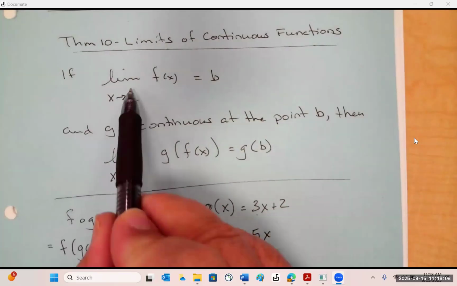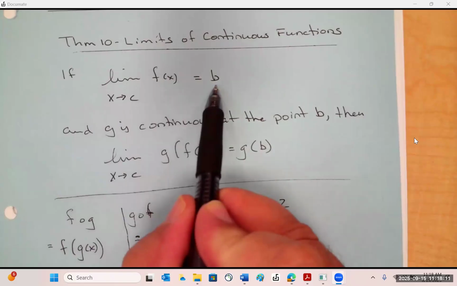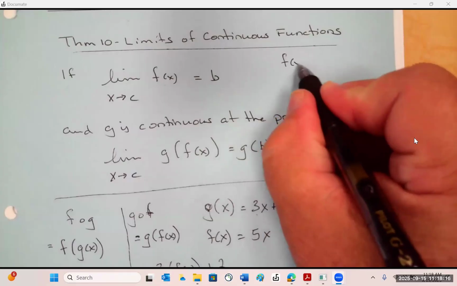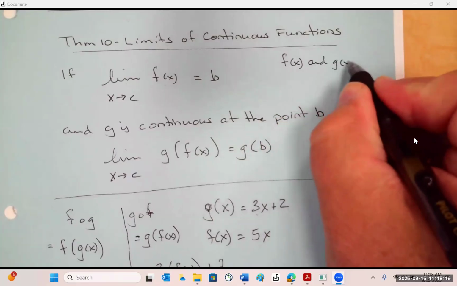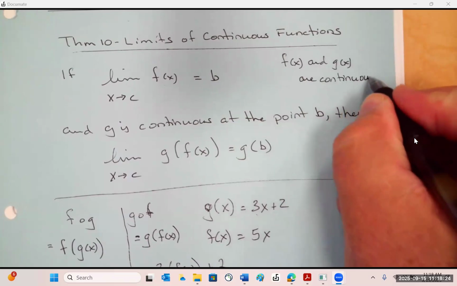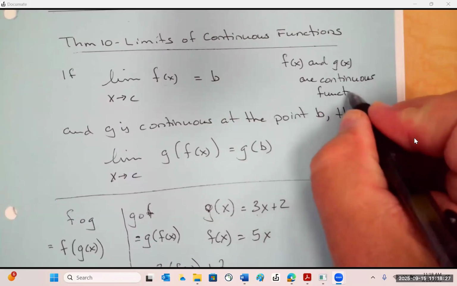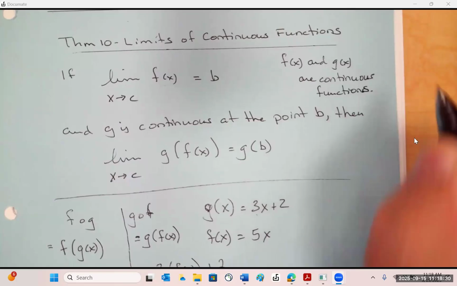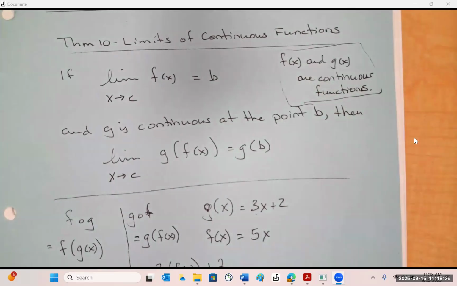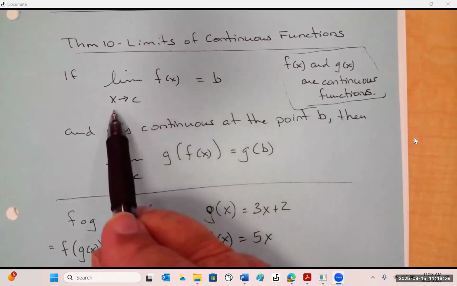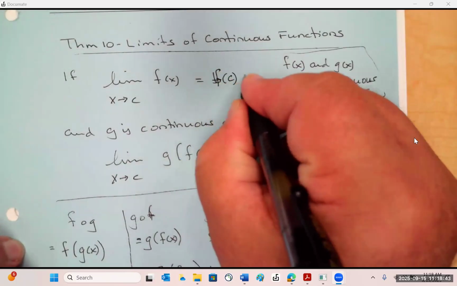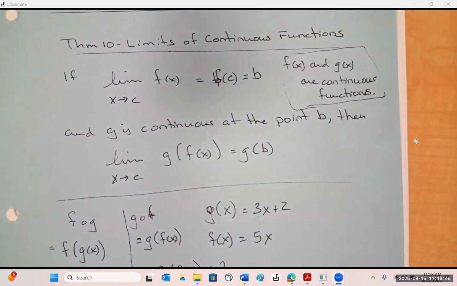So if we have the limit of f of x as x approaches c equals some number b, remember, f of x and g of x are continuous functions. So the limit of f of x as x approaches c is really f of c, which equals some number b. That's the limit.